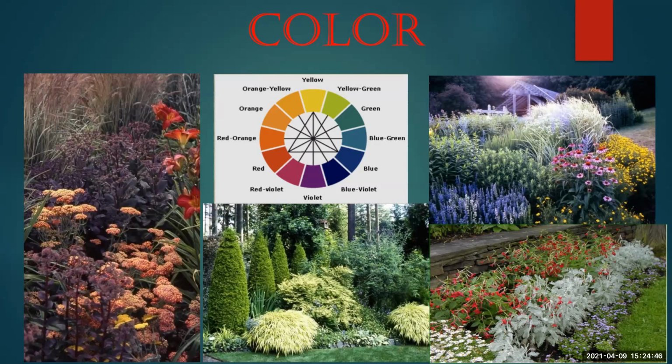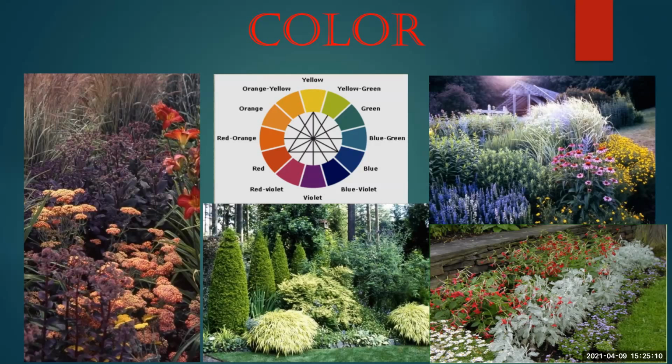But if you're wanting something that's a little bit more mellow, more calming and refreshing, then you probably want to go to the blue green aspect, which if you look at the picture that's on the right hand side at the top, it's a very relaxing color combination there.